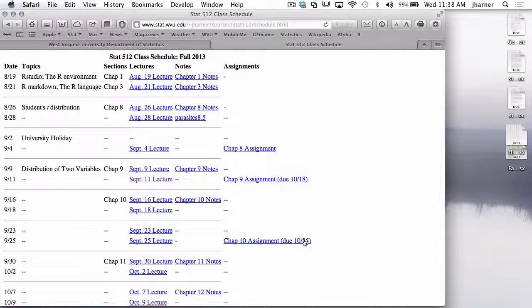And I believe Chapter 3 is on the binomial, and so we did that along with learning a little bit about RStudio and R Markdown and the R language during that first week. And technically, Chapters 8 and 9 could be considered review, but we may have covered it in more depth, and we certainly also used R to cover the material, which you probably didn't get if you took Stat 511.